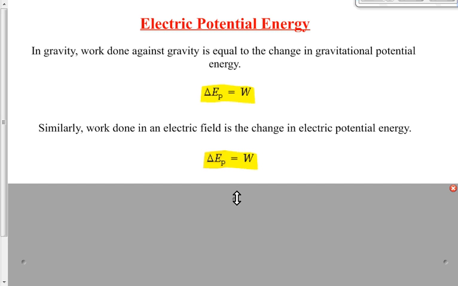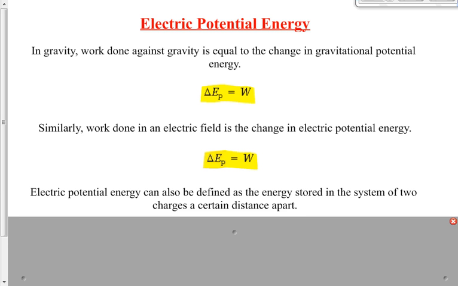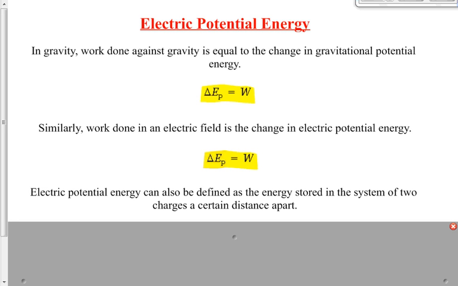It's the energy stored in the system of two charges a certain distance apart. Again, a little more important to include both charges here because the charges are quite likely to be similar orders of magnitude, whereas the masses that we're dealing with, the pen and the Earth, are dramatically different orders of magnitude.